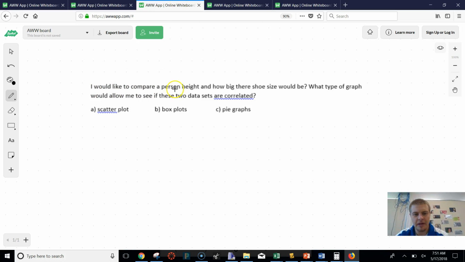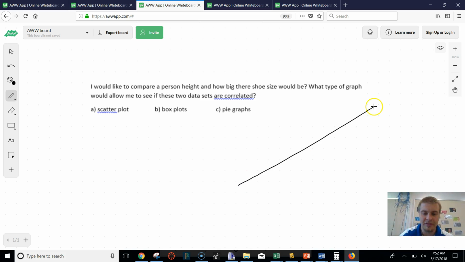I would like to compare a person's height and how big their shoe size would be. What type of graph would allow me to see if these two data sets were correlated? Well, since we're not really comparing these data sets, we're looking at how they're connected.